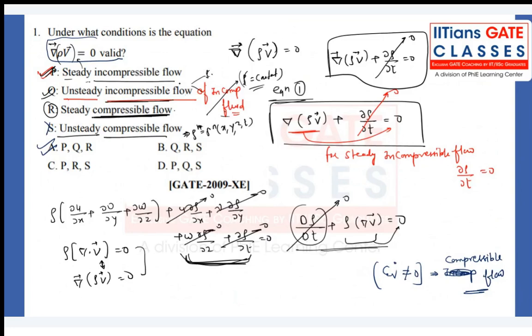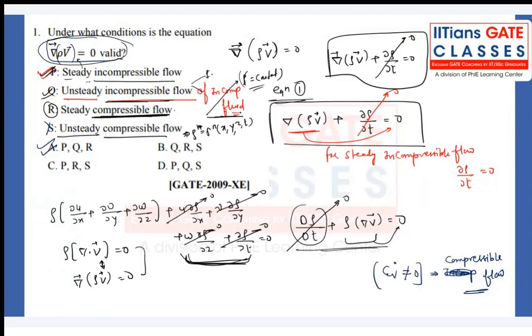If you think that it can be a compressible fluid as well as an incompressible fluid, then there may be a possibility that we will not be able to get this particular equation, right? But in the GATE examination, they forcefully want us to assume incompressible flow of incompressible fluid, so that density will be constant. Is that clear?